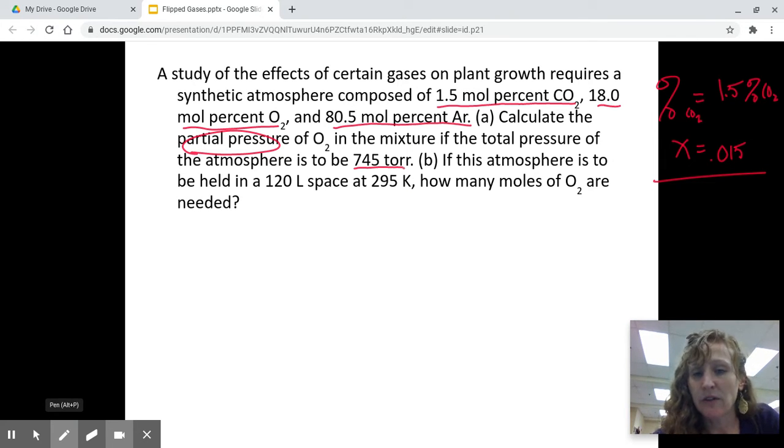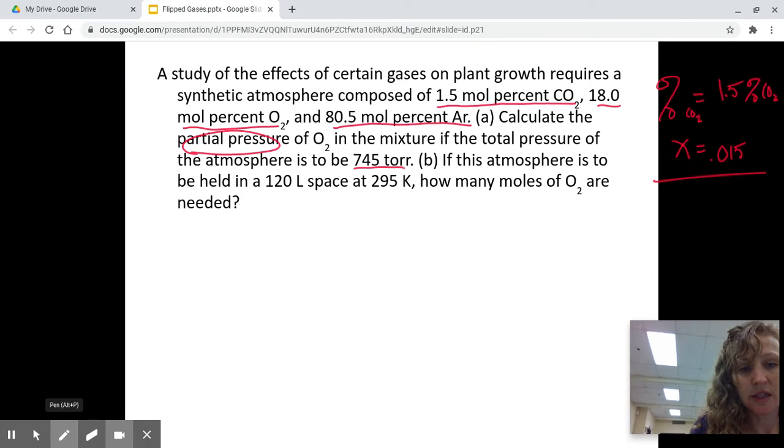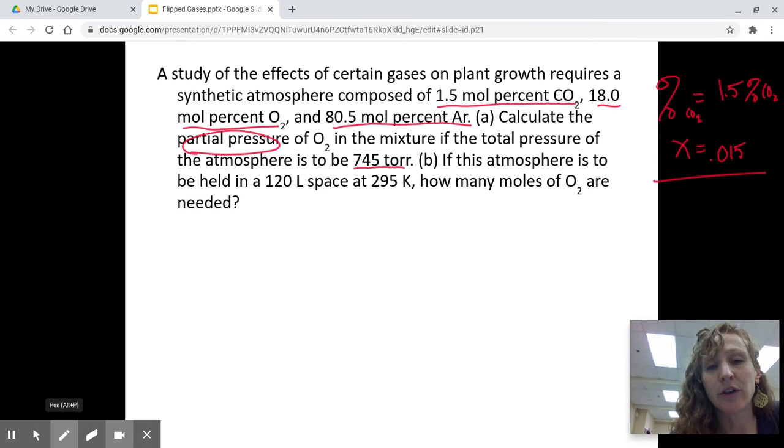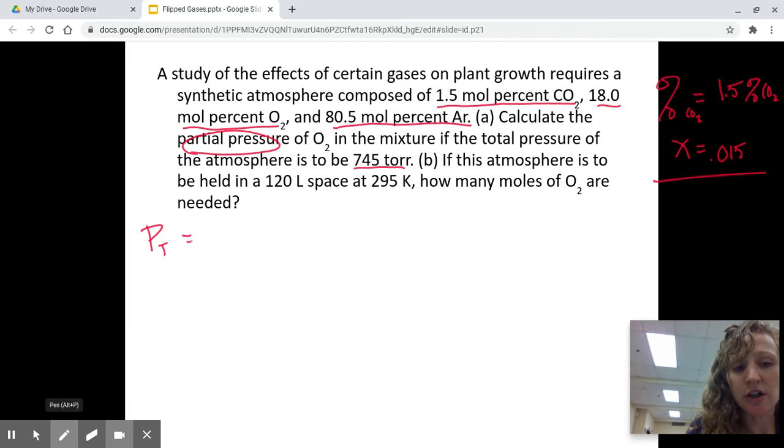Okay, let's do that first and then we'll tackle B. So partial pressure of O2. As you're solving these problems, you always want to think, okay, what do I have, and what kind of formulas or equations do I have that relate to this problem? That could be total pressure equals pressure of O2 plus pressure of CO2 plus pressure of Ar.